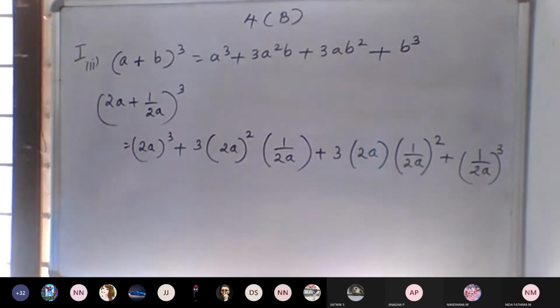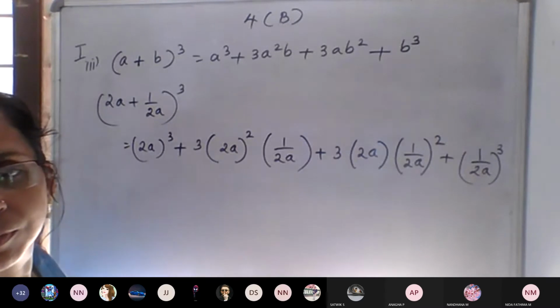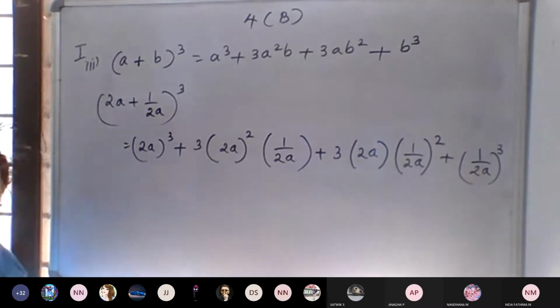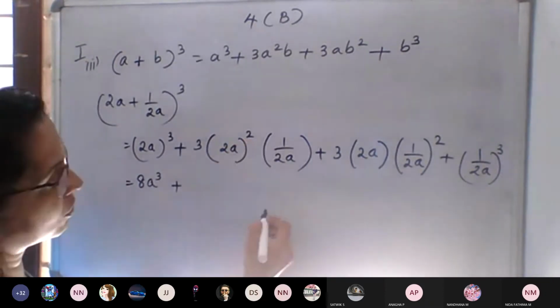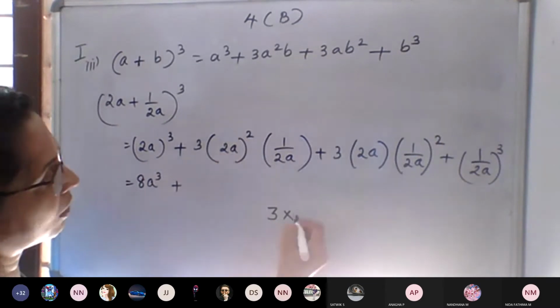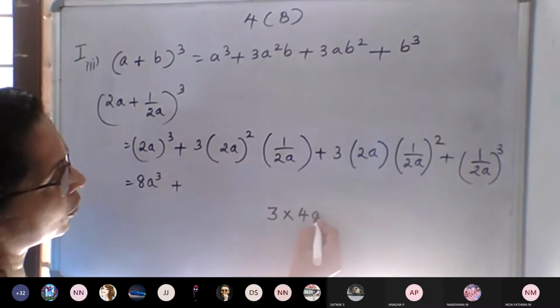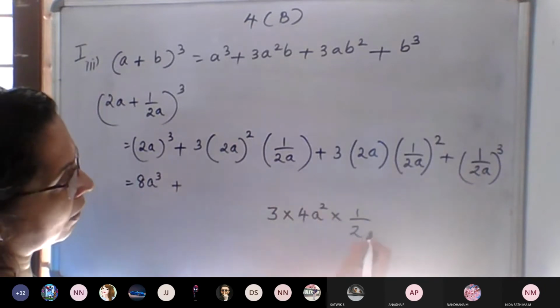Do the calculation separately, that is better. 2a whole cube means 2 into 2 into 2, 8a cube, plus 3 into 2a whole square. So do in the working column: 2a square means 2 into 2, 4, 4a square, into 1 by 2a.